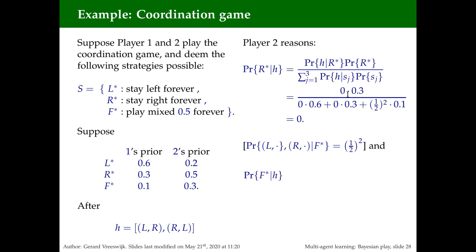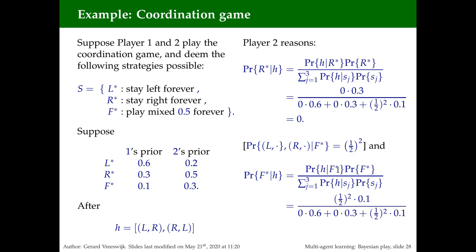And the probability that the second player maps the first player onto playing mixed 0.5 forever, mixed half and half, is, well, this history here, given this one, is of course 0.5 times 0.5 times the prior probability, 0.1.